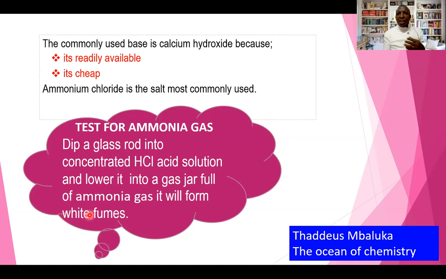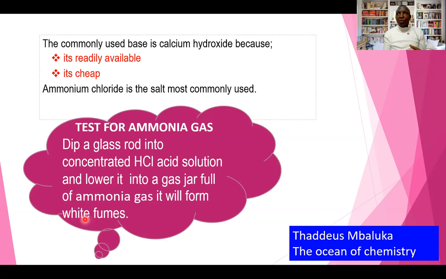So if you insert a moist red litmus paper into a gas jar full of ammonia, it will change from red to blue. When you see a gas that turns red litmus paper blue, then that gas is ammonia, because it's the only alkaline gas that we're going to study under the syllabus.